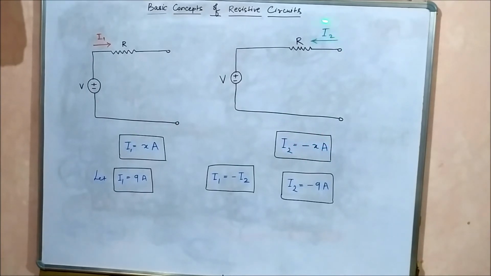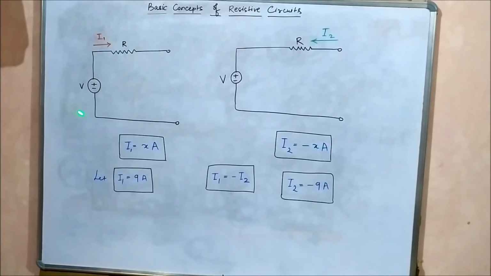We can take the direction of the current in whichever direction we want, but we cannot change the value of the current. If we take the direction of the current in this way and we get a value of x ampere, then if we reverse the direction of the current, the magnitude will stay the same, but we will get a negative sign, minus x ampere.